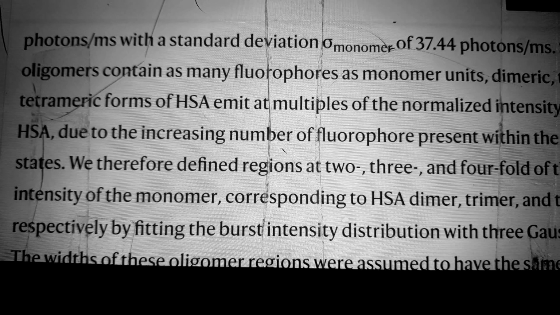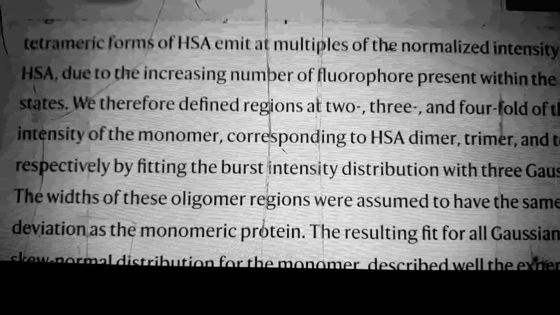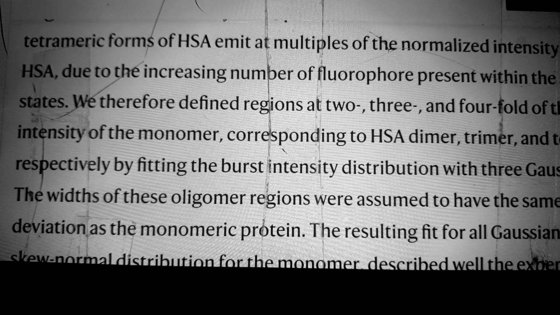Since oligomers contain as many fluorophores as monomer units, dimeric, trimeric, and tetrameric forms of HSA emit at multiples of the normalized intensity of monomeric HSA, owing to the increasing number of fluorophores present within the assembled states.